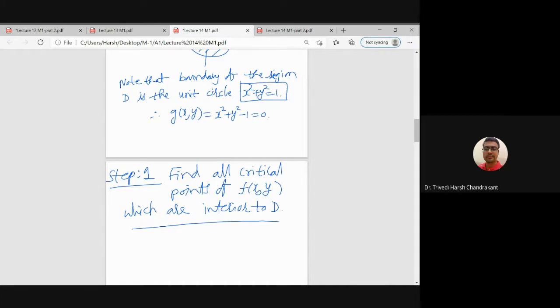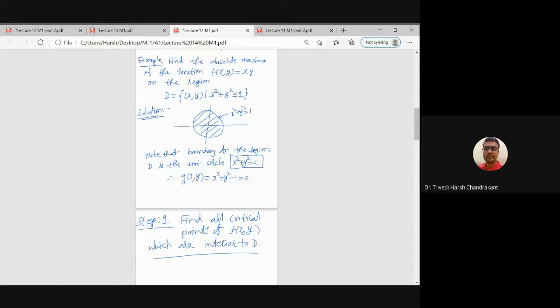In this first step we are just finding critical points of the function without looking at the boundary, because we are interested in the points interior to D. That means x square plus y square less than 1. So there is no role of g in the first step.